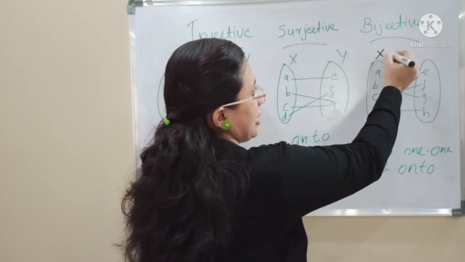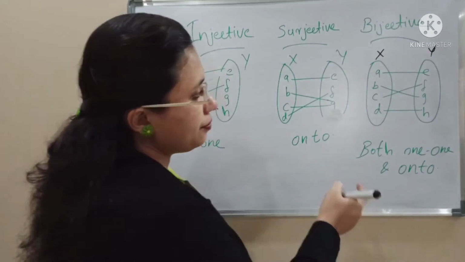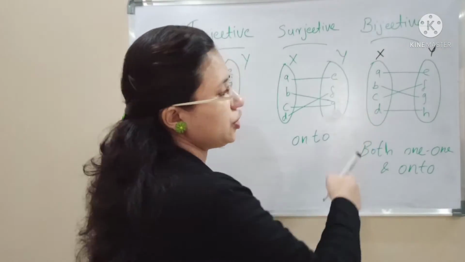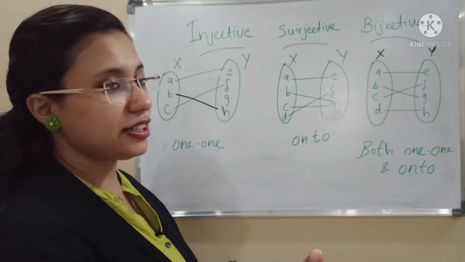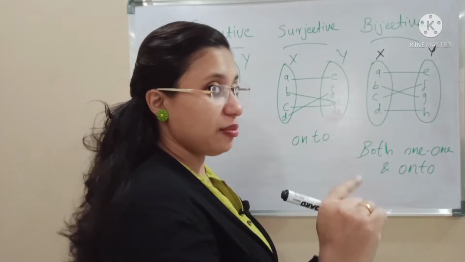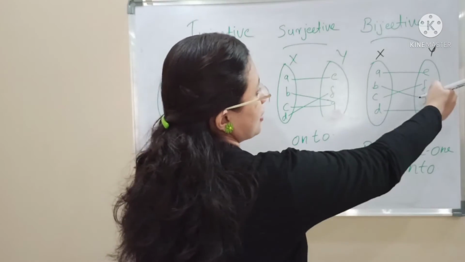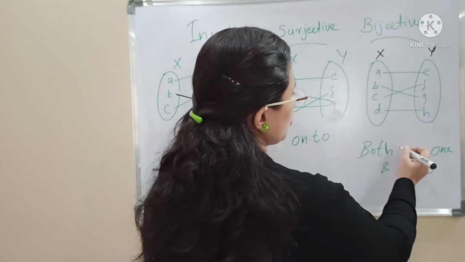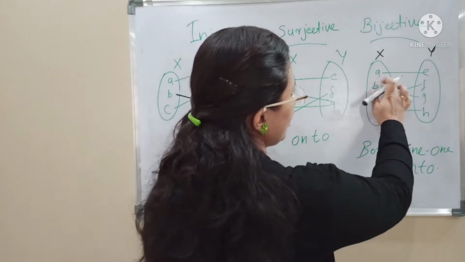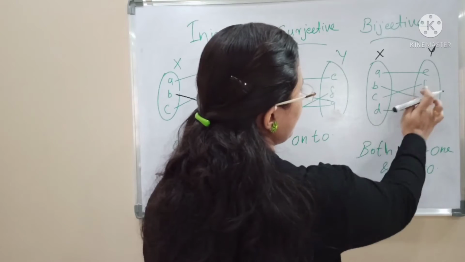If this is X, this is Y, the elements in X should have at most a single relation in set Y, that is satisfied. So 1-to-1. So every element has a unique image, right?